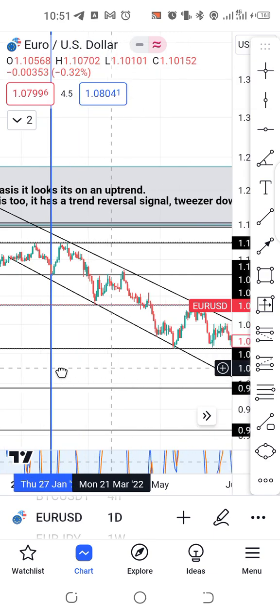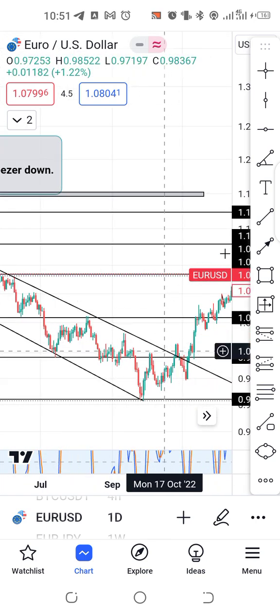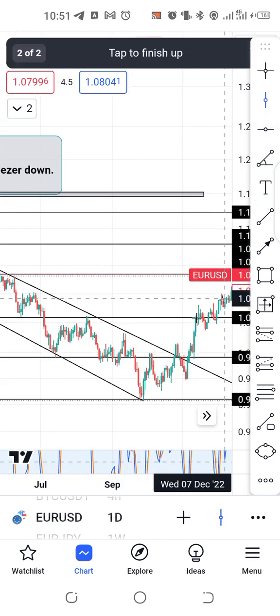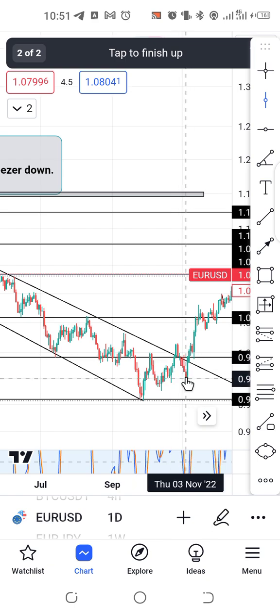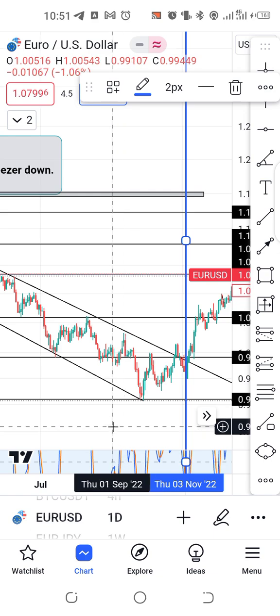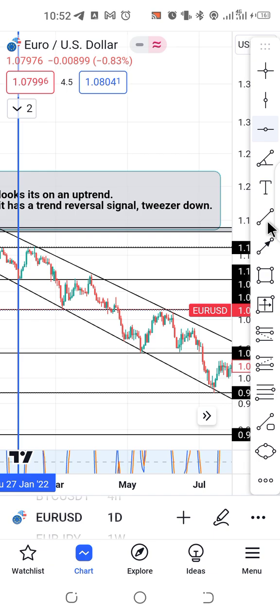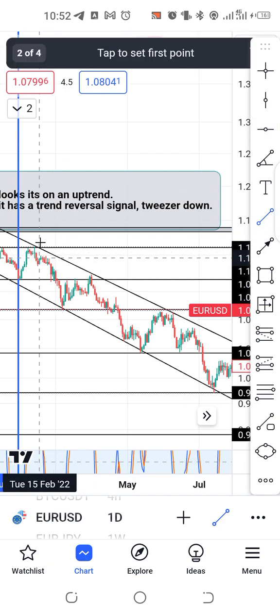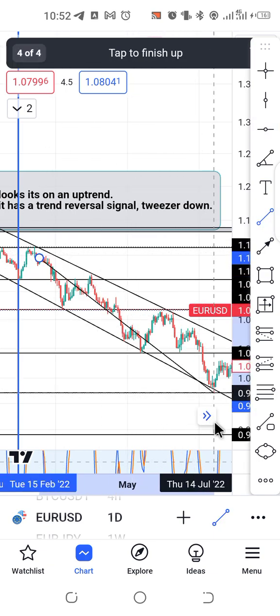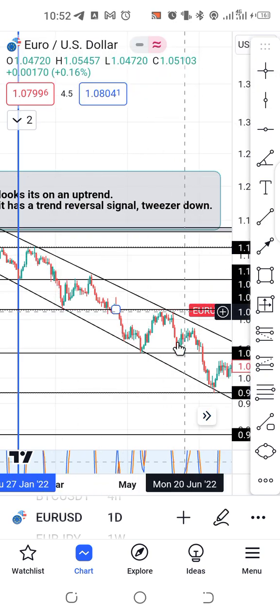So from that time up to this end where the market came below here, that was Thursday November 3rd, 2022, the market was actually in a downtrend. You could see clearly that the market moved from the top straight to the downside all the way. The market was in a downtrend.